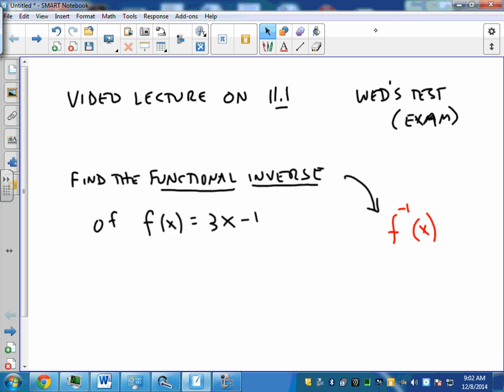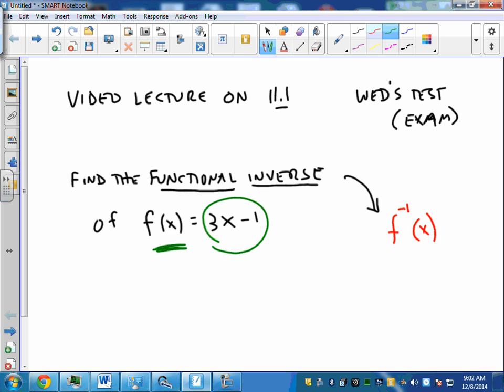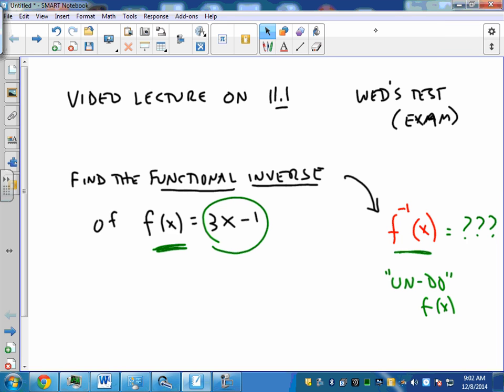And the idea here now is that we want this function that we know, 3x minus 1, and this function here that we don't know to undo each other. F inverse has to undo what f does. And so a couple of examples.